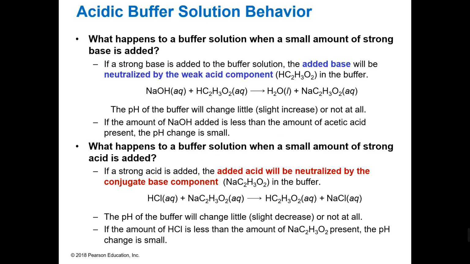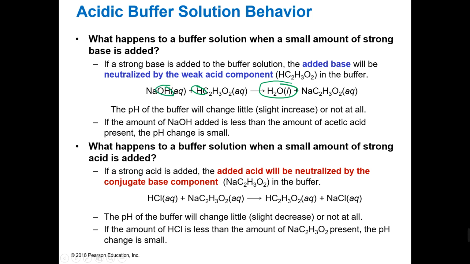So what happens when we add small amounts of strong base or strong acid to a buffer solution? Well, the long and short is that if a base is added, then the acid component of the buffer is going to neutralize it, and we're going to form water, okay, from this hydrogen and this hydroxide.